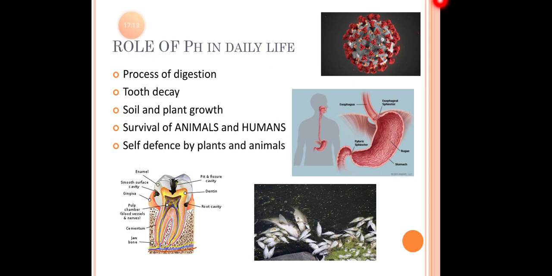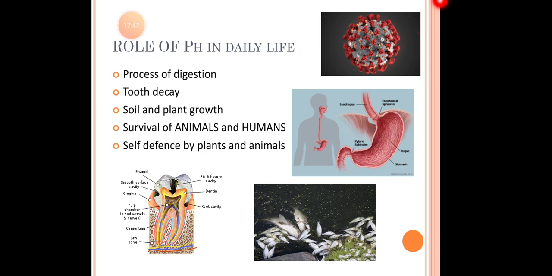Now, for everything there's a solution. If the pH of a soil is near 7, I said it is neutral. If it is acidic, how does it become acidic? It is because fertilizers and things like that are used. If the farmer finds that the soil is too acidic, immediately he treats his soil using quicklime, that is calcium oxide, or slaked lime, that is calcium hydroxide, or chalk, that is calcium carbonate.